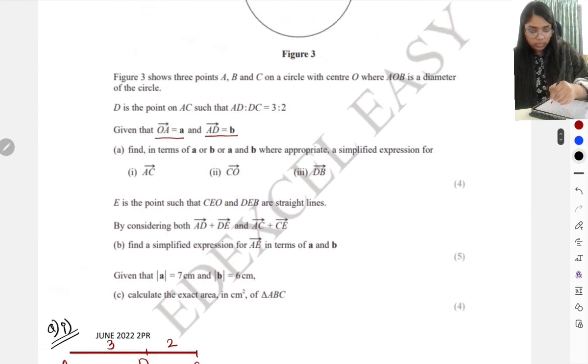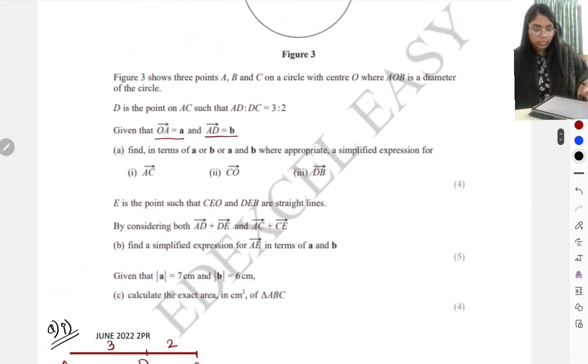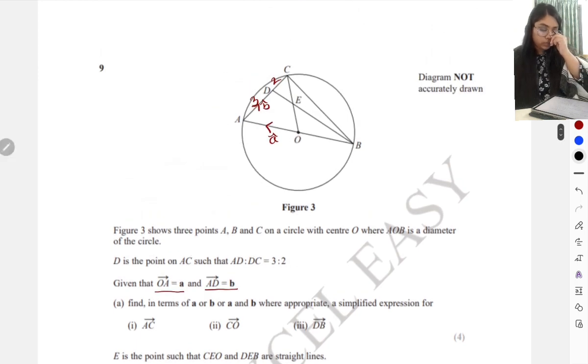Right, for part A2, you want to calculate CO. Now you have to understand that your entire vector starts from O, right? OA, AC, and CO. Over here, all the three lines are traveling in the same direction, so the summation of these three vectors would be equal to 0.